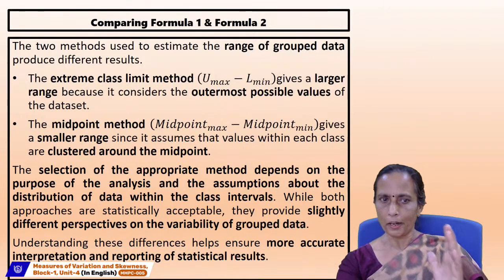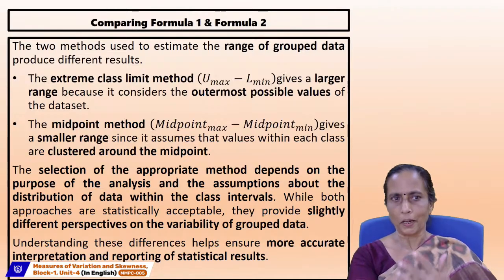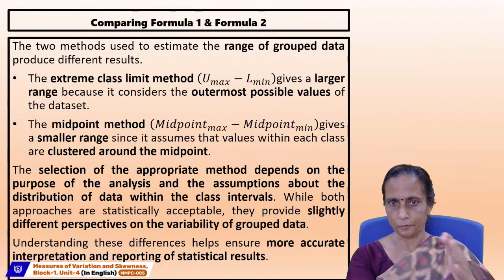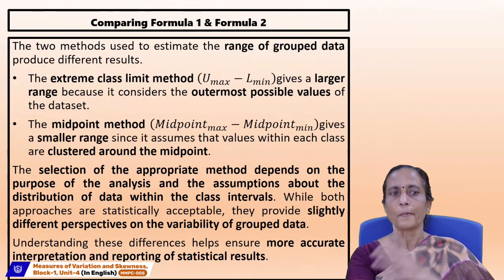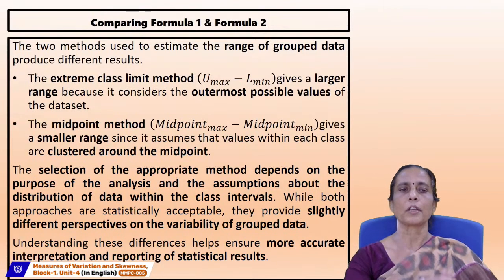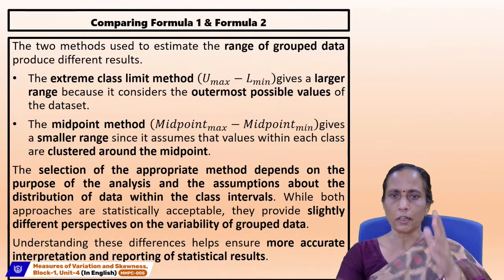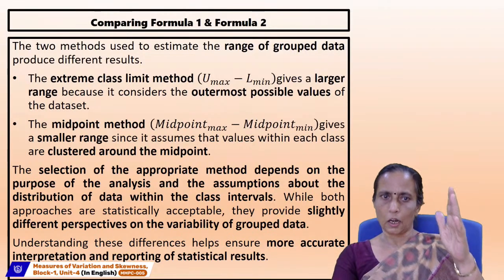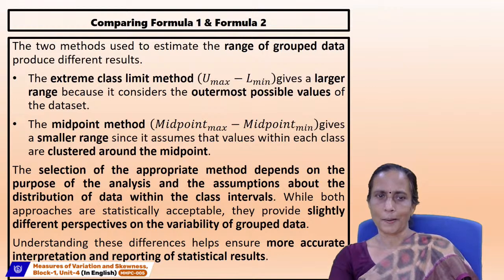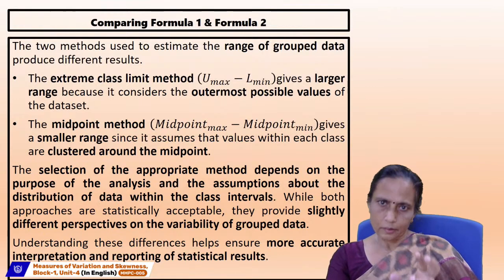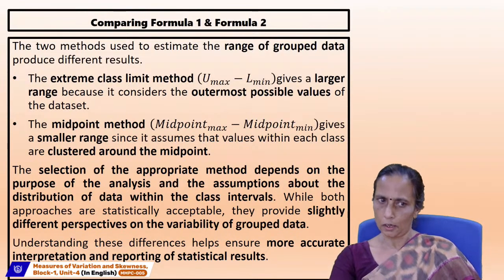Because formula 1 considers the outermost possible values of the data set, that is the upper limit of the upper class and the lower limit of the lowest class, it gives a larger range in comparison to formula 2.